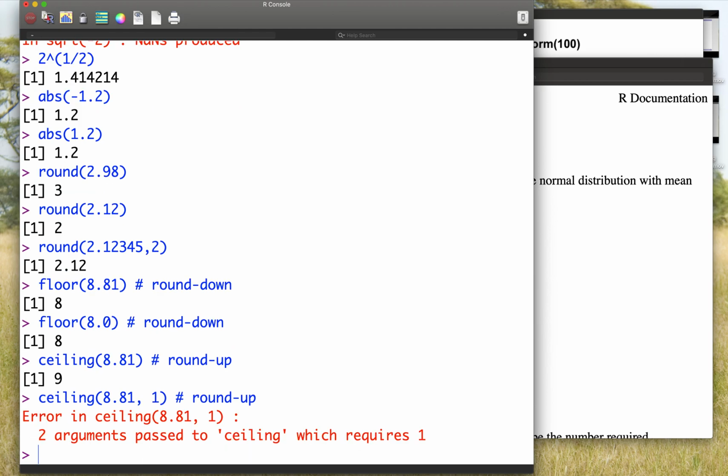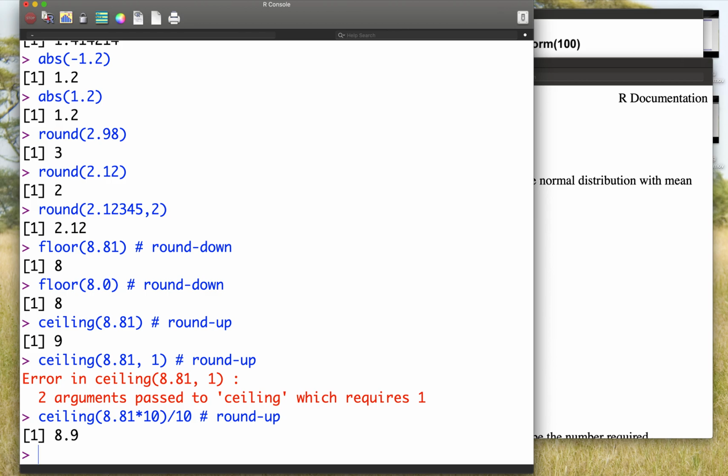You cannot really specify the option here, so the ceiling function always makes it an integer. So if you want to get 8.9, then probably you have to multiply by 10, then divide by 10, and then you can get 8.9.